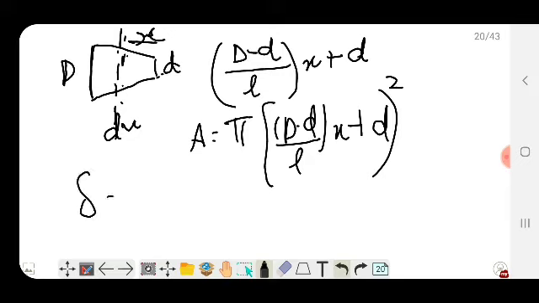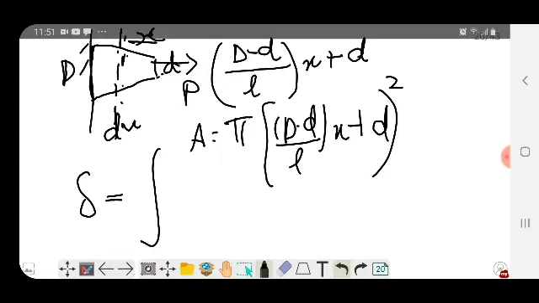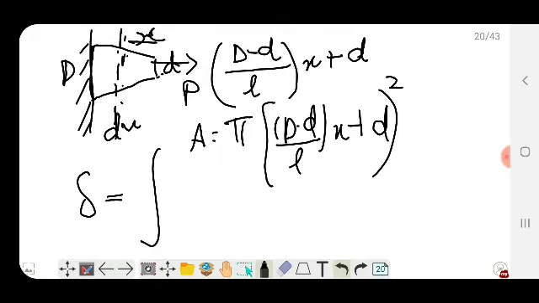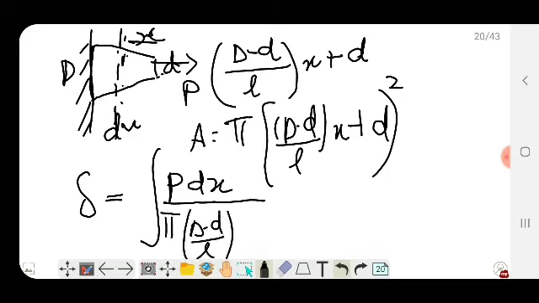The total deformation can be taken to be the integral of P dx by A, that is pi into (D minus d) by L times x plus d, whole squared, times E. So this will be giving you some equation.